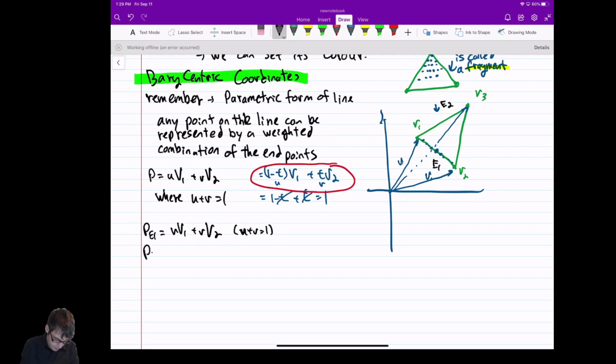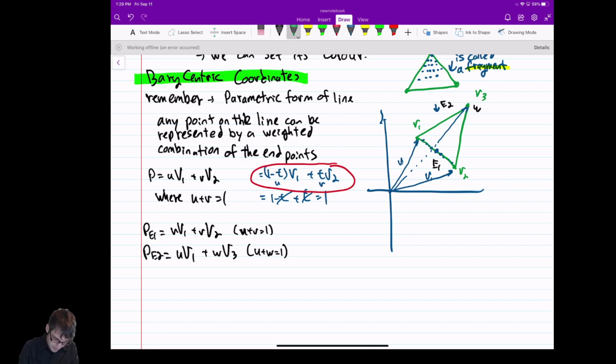I can do the exact same thing on edge 2. On edge 2, it's going to be a linear combination of u v1 plus, this time I need v3. I'm going to use a new variable name here. Instead of using v again and getting confused, I'm going to call that w v3. And again, those two parameters have to add to 1. So u plus w is 1.